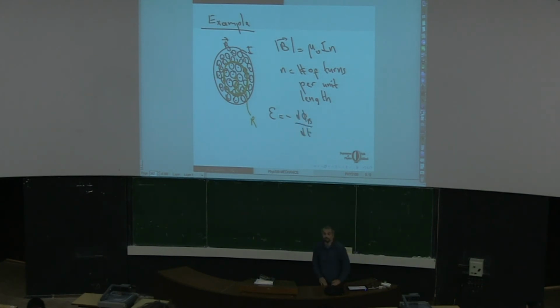The EMF around any closed loop is always equal to minus the rate of change of the flux that goes through the loop, in between the loop. Now, the EMF is nothing but the integral of the electric field, again around this loop, which should be equal to minus d by dt, the integral of the magnetic field over the area bounded by this loop.